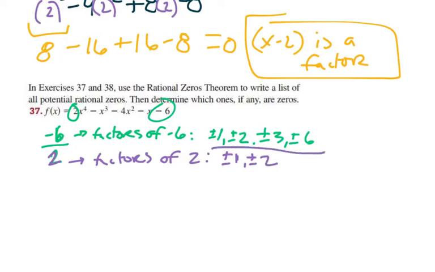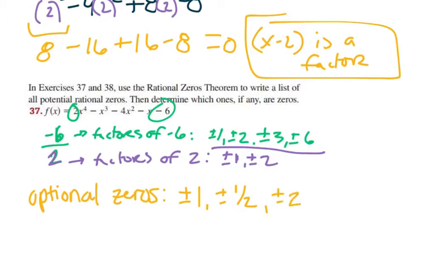So every single possibility of each of these as a fraction is going to be part of our probable zeros. So our list of zeros could be 1 over 1, which would get us plus or minus 1. If we keep with 1, we're also going to have plus or minus a half. Then the next piece, we're going to have plus or minus 2, and then 2 over 2 is 1, but we already have that, so I'm not going to write it again.